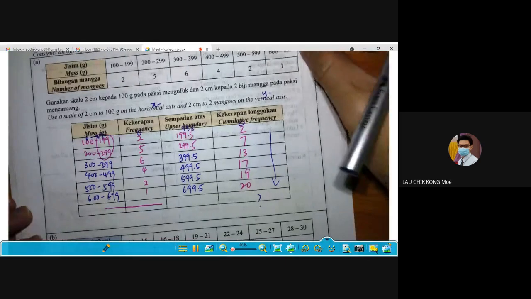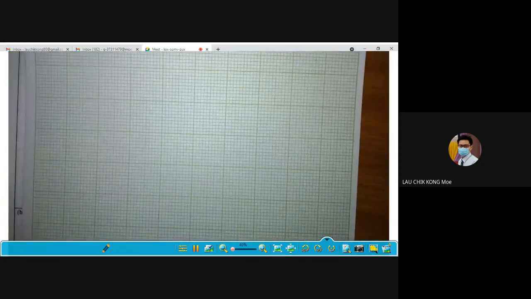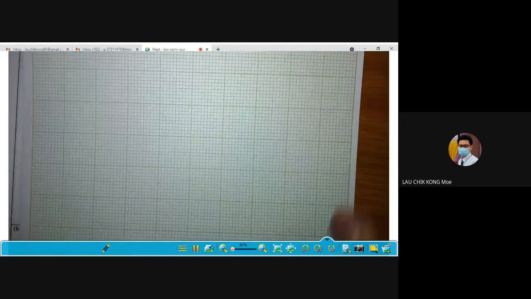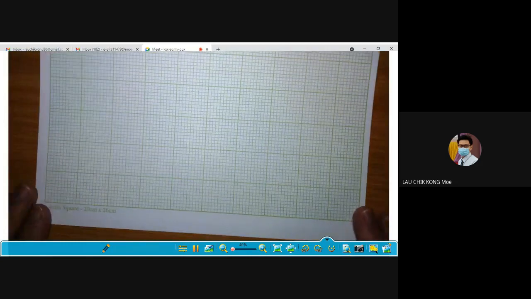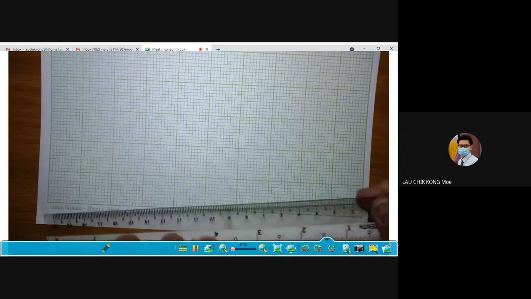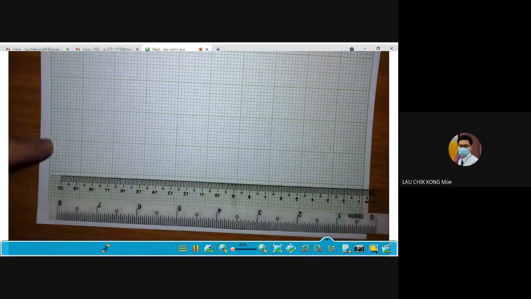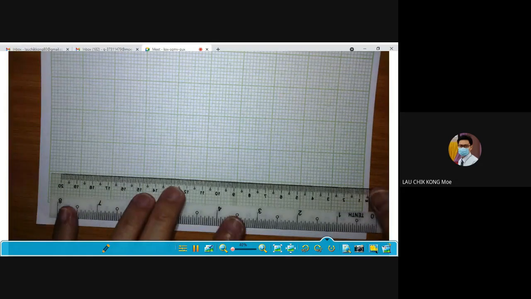So keluarkan satu helai graph. This is your graph. Okay, so first of all, we draw the x-axis. Remember that all the graph should start from the first quadrant.